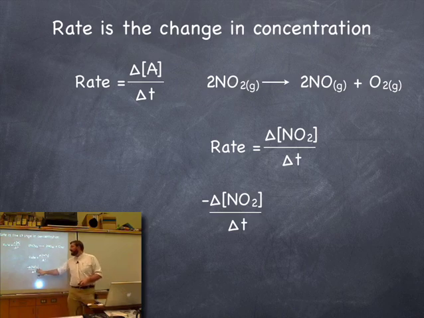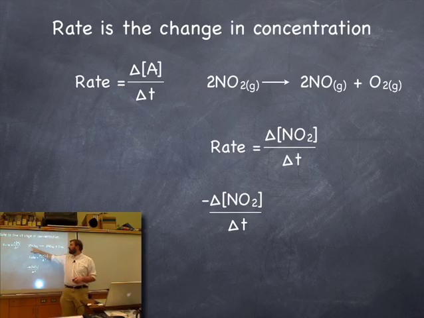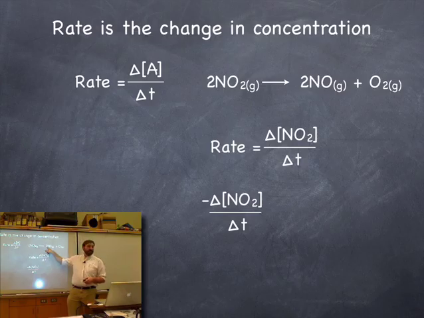How would that relate to the rate of formation of NO? In other words, for every one of these that I use up, how many of these will be formed? Well, it's a 2 to 2 ratio. So that means it's a 1 to 1 ratio.